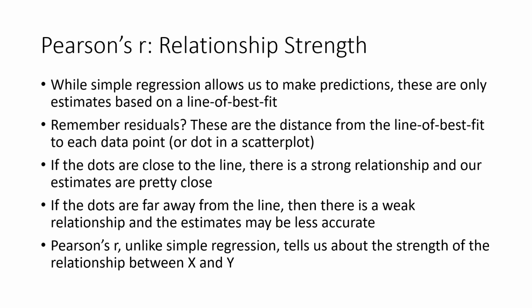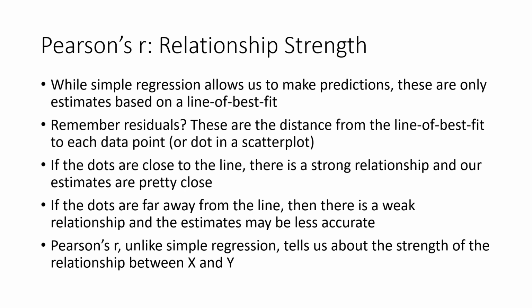All right, so you might recall from a previous lecture we talked about residuals, and these are the distance between each data point and the line of best fit. So if we're talking about a relationship that is strong, that is to say a relationship that has a Pearson's R value that is positive and close to 1, then those data points tend to be quite close to the line of best fit, so there's a small amount of error or residual error.